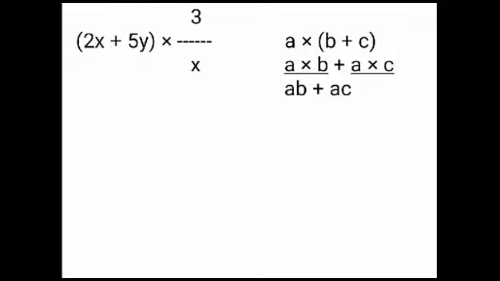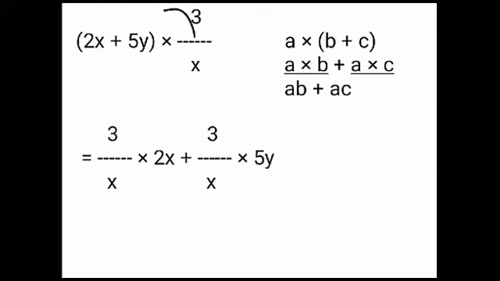Now you have to write this in multiplication form. Here is how I have solved this side. 3 upon x into 2x, that is a into b, plus 3 upon x into 5y, that is a into c. x gets cancelled. 3 2s are 6.